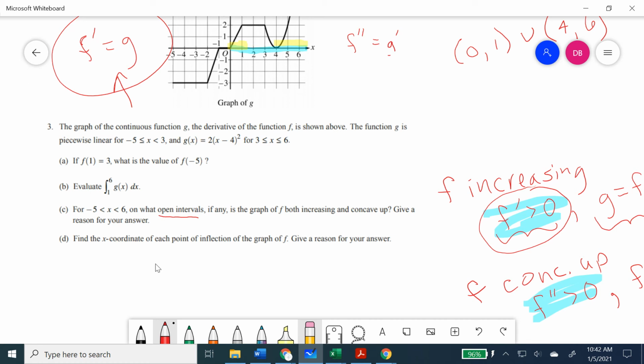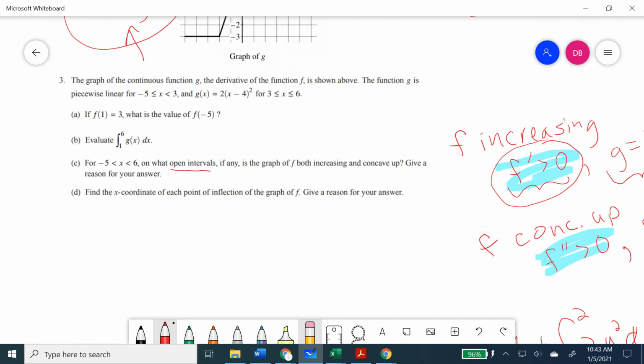All right, moving on to part D. Find the x coordinate of each point of inflection of the graph of f. I'm going to give the reason first because that allows me to be done with the correct explanation and know where I'm looking and what I'm looking for.